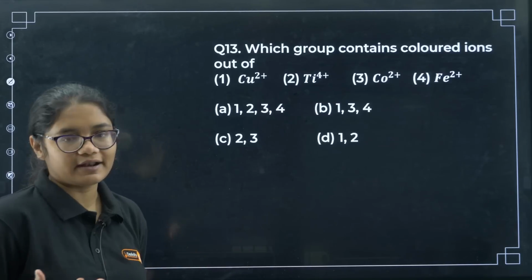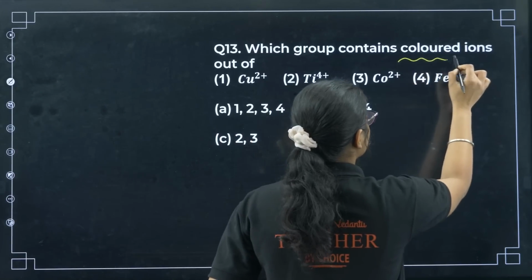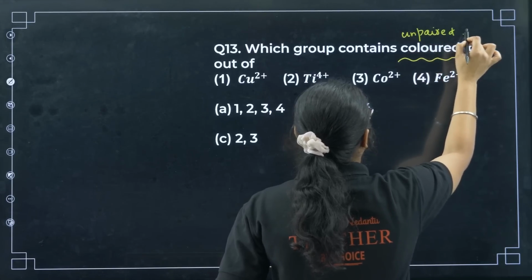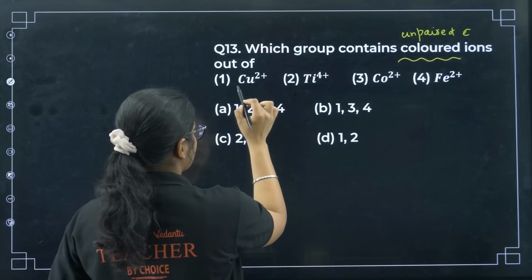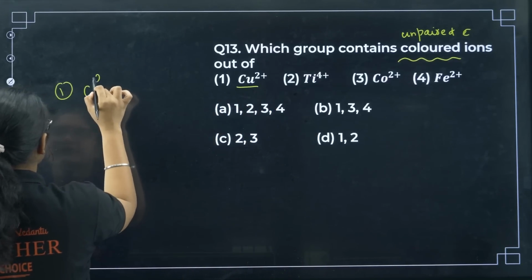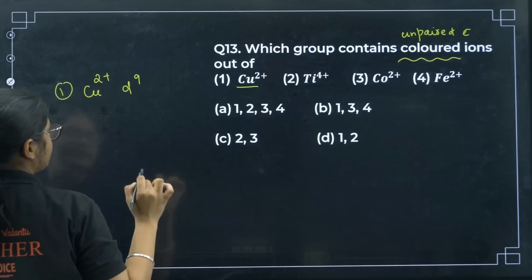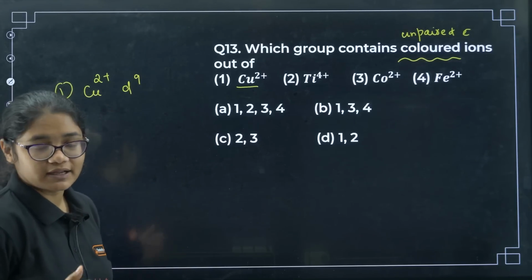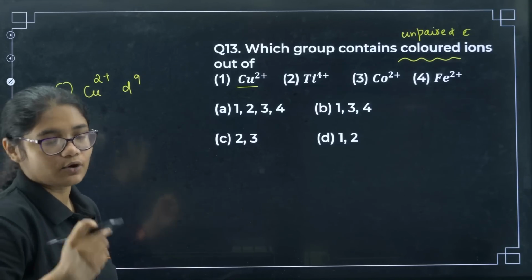Okay, which group contains colored ions out of these? So you have to find colored ions. Again, for colored ions, what do I need? Unpaired electrons, right? So which are there where we have unpaired electrons? Copper 2 plus, if you remember, is having d9 configuration. If you have remembered the configuration, you will be able to solve the questions quickly. Otherwise, you will waste time writing the configuration and all.